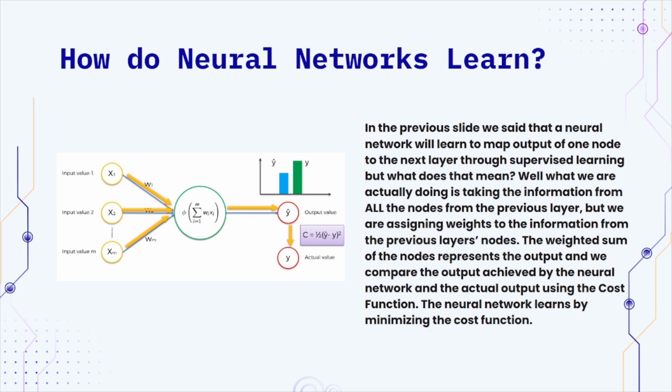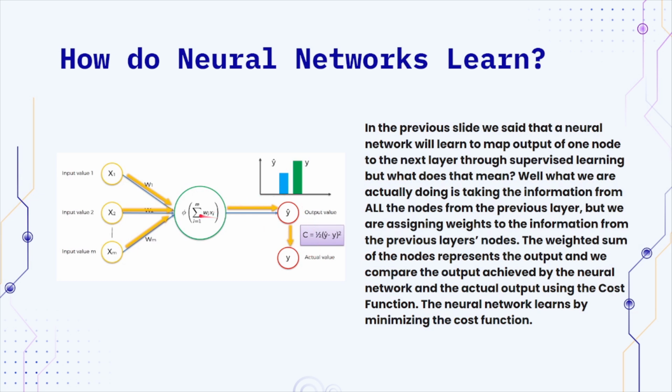Those activation functions determine, okay, this is important enough to be counted, so we're going to pass this value on to the next node or contribute to the output. Or it's going to say, okay, this is like an external factor that really doesn't mean anything, so we're just going to cut it. That's what determines that.